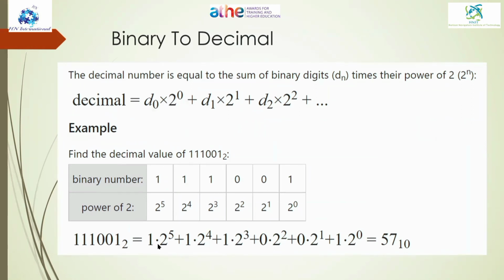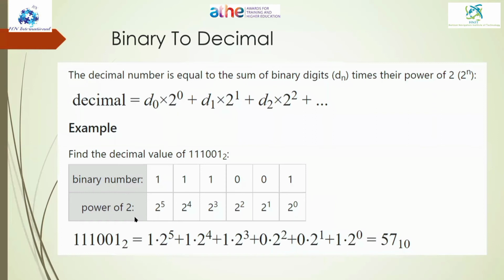Here we will multiply by 2, but notice that there is a power. This is the formula to convert. The binary number is written in different columns, and then we have a power of 2. We can remember the formula, 2 to the power n minus 1, but we don't need to.